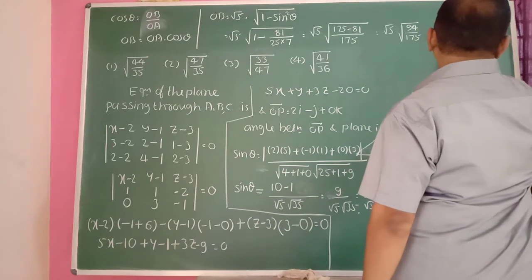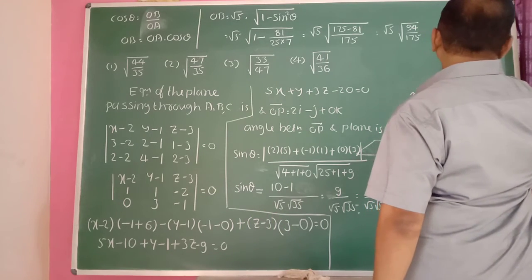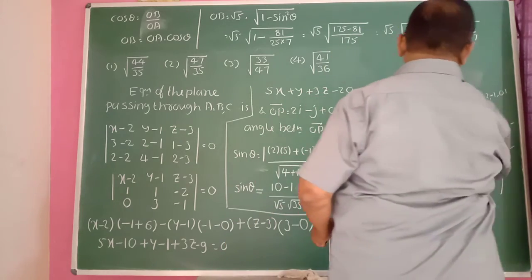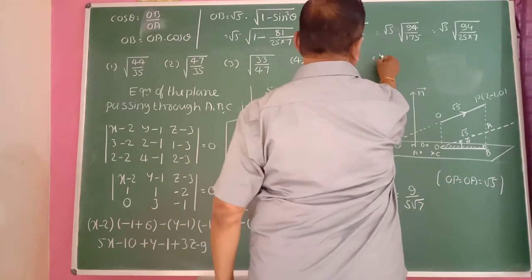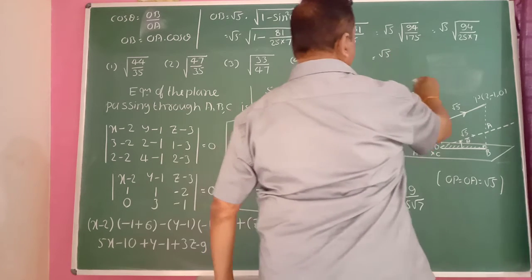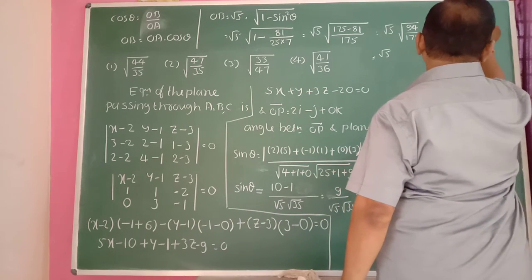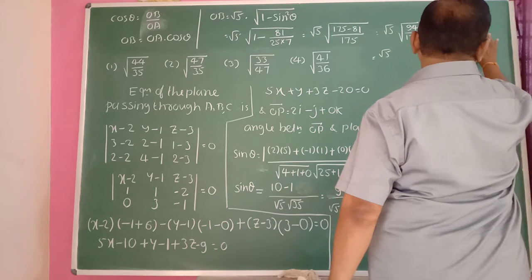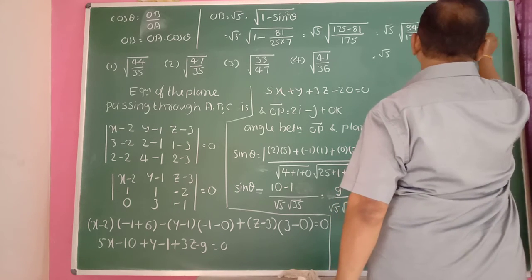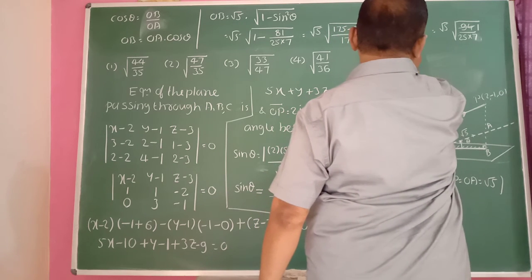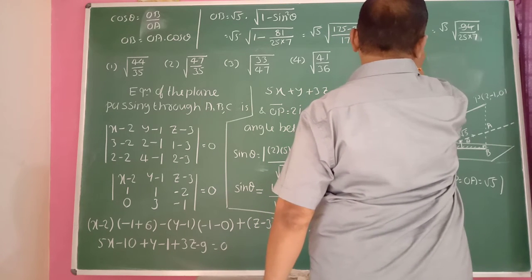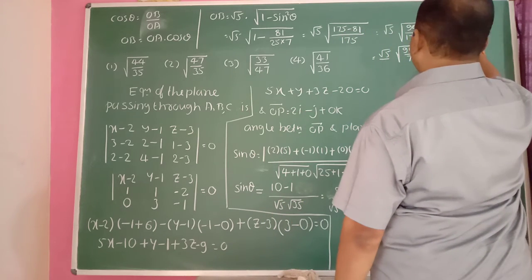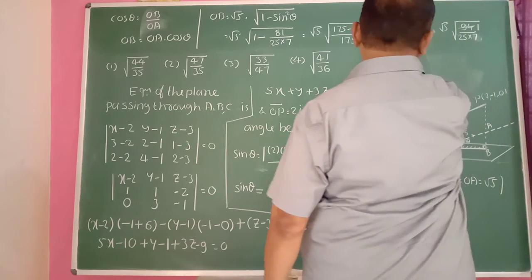175 means 25 into 7 here. Therefore, this is equal to root of 5, and here 7 ones are 7. You can't divide 94 by 7 here. So write as it is. Root of 94 divided by 7, and here root of 25 is 5 here.